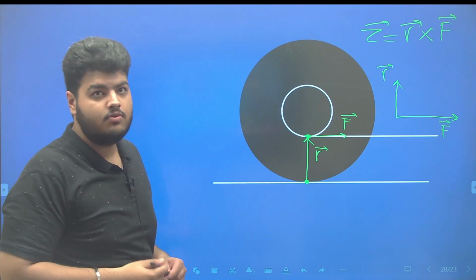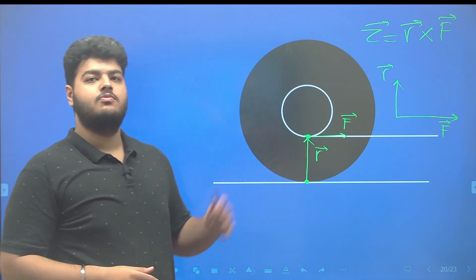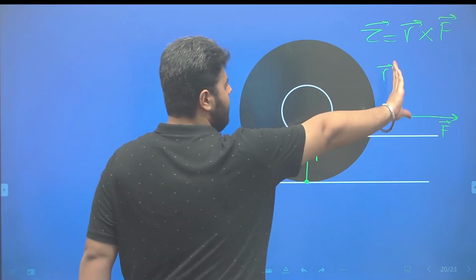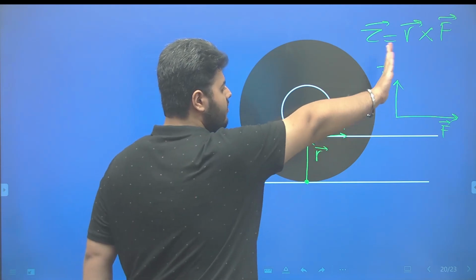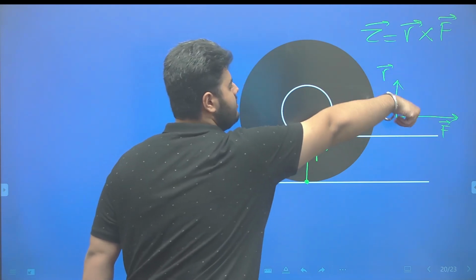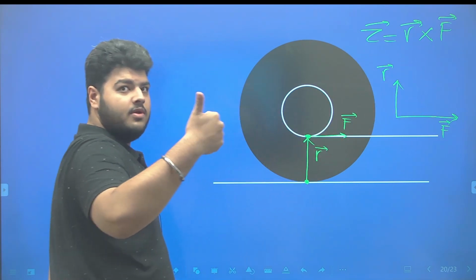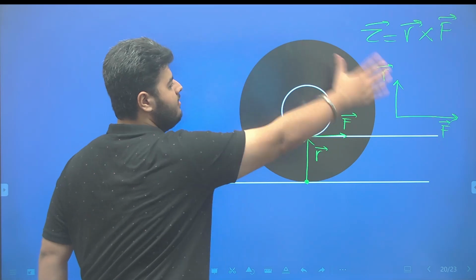Therefore, through the right hand thumb rule, I can find out the direction of torque on the spool. So if I use my right hand here, put the fingers in the direction of position vector and then rotate it towards F. So R cross F. If I rotate it like this, my thumb is directed inside the plane of this board.